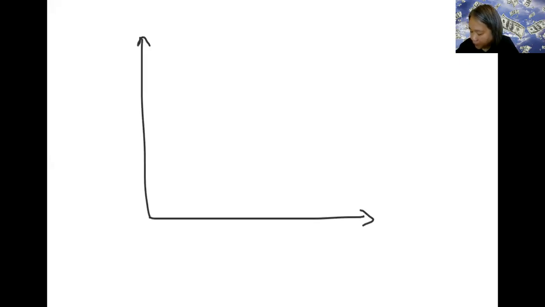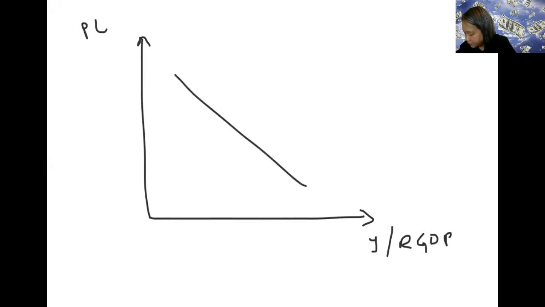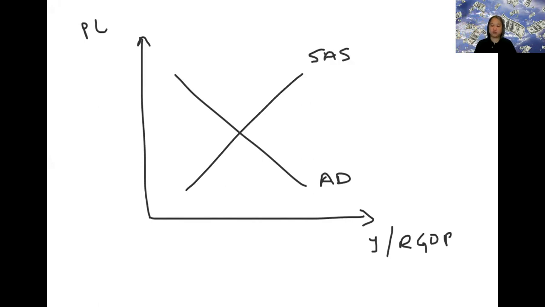We have our price level, we have our Y, real GDP, and I just want to define something that we haven't really talked about yet, and that's our short run equilibrium and our long run equilibrium. Our short run equilibrium is just the intersection of our short run supply curve and our aggregate demand curve.